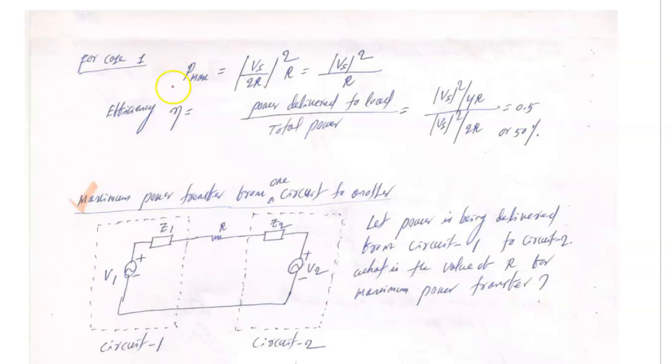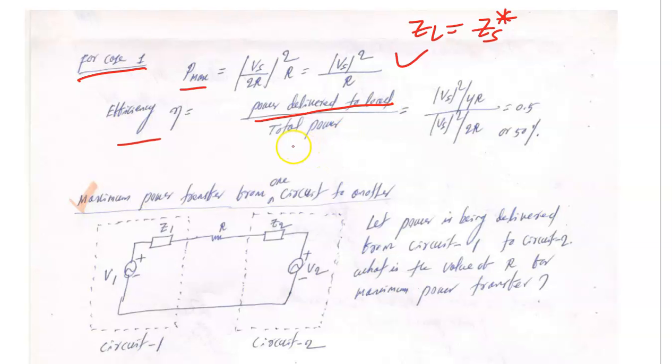For case 1, that is when ZL is equal to the complex conjugate of ZS, the maximum power is VS square upon 2R, because in that case your reactance becomes 0, which is VS square upon 4R. Efficiency, that is power delivered to load upon total power, is 50%.